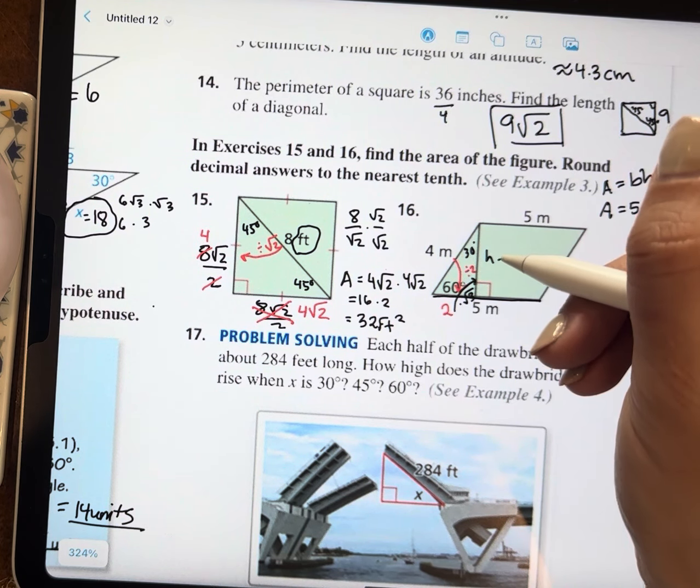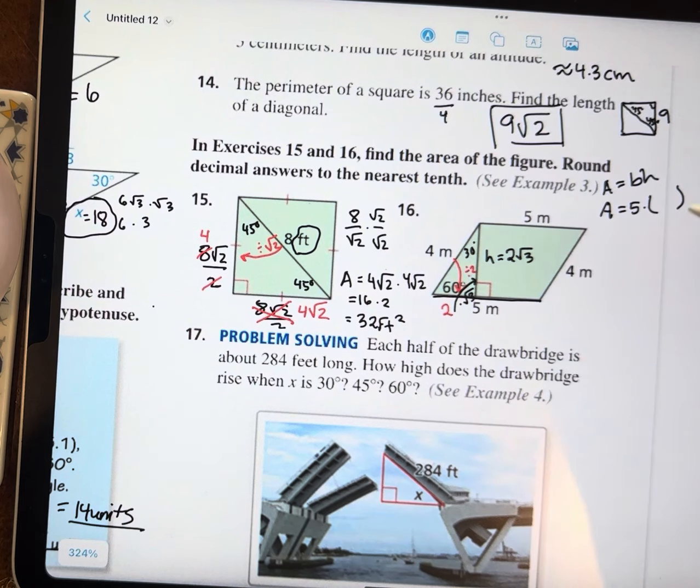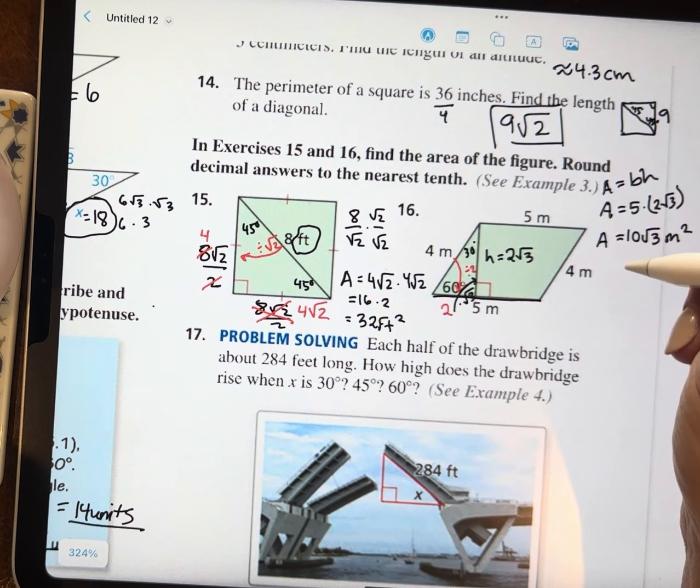So 2 times rad 3 is 2 rad 3, which makes this area equal to 10 rad 3 meters squared. And since they said round to the 10th, even though we don't like to round, I'll do both to be safe. 17.3.